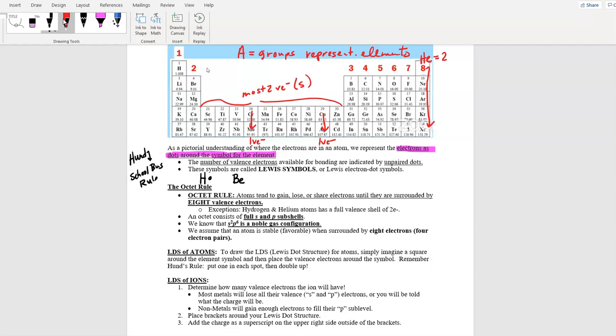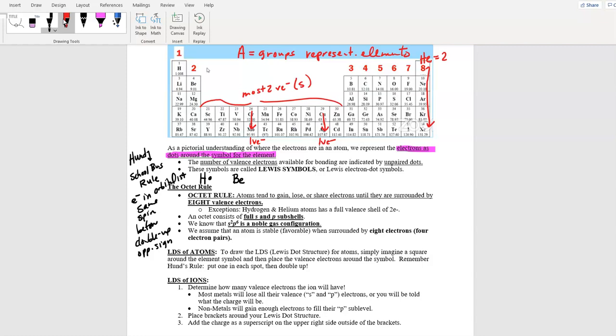Where you had to fill an electron in an orbital first with the same spin before you doubled up with that opposite spin. Okay? So it's like that with the symbols too.